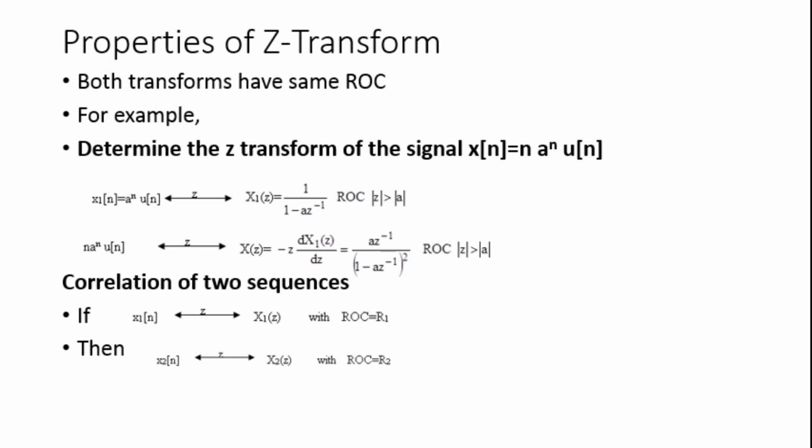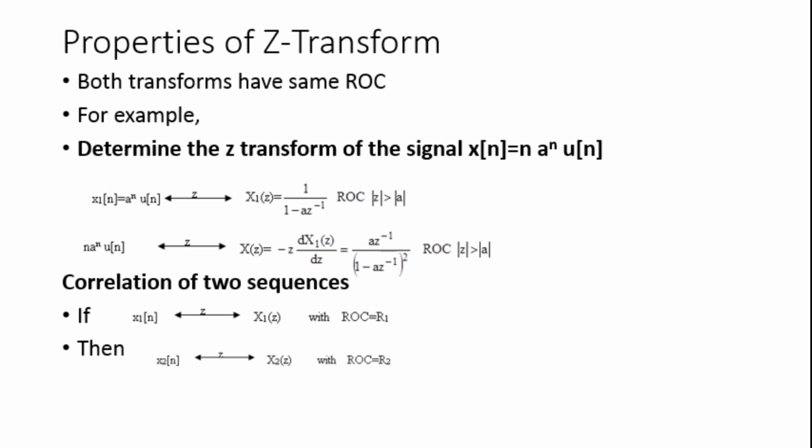If we take the z transform of x1(n) equal to a^n u(n), we get X1(z) equal to 1 divided by 1 - a z^-1 with ROC |z| greater than |a|. For n a^n u(n), we take the z transform and get X(z) equal to -z dX1(z)/dz, which is equal to a z^-1 divided by (1 - a z^-1) squared, with ROC |z| greater than |a|.